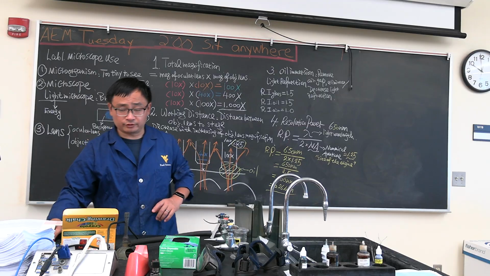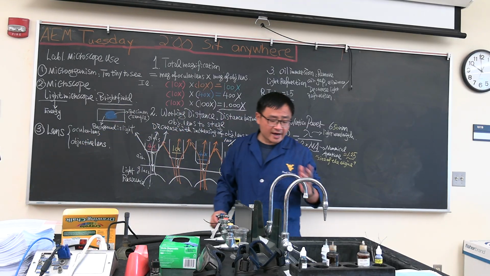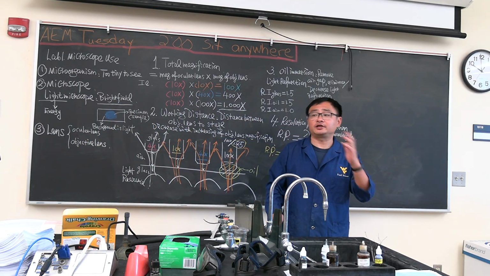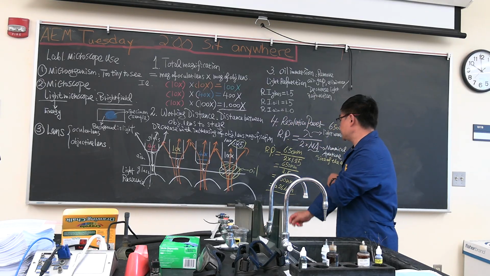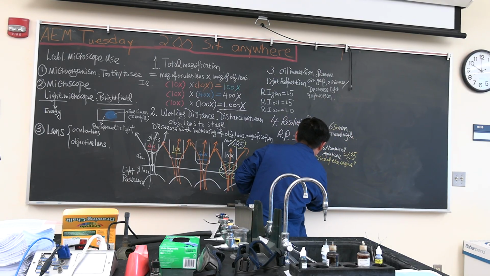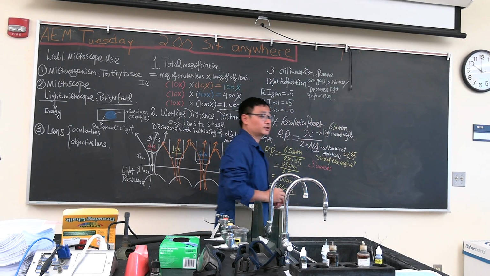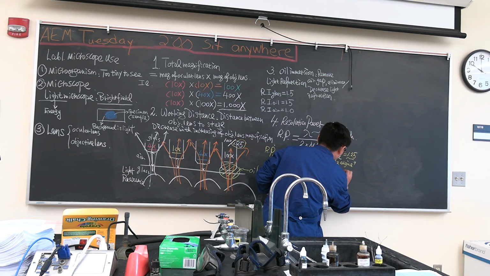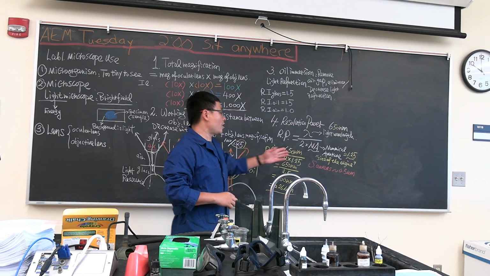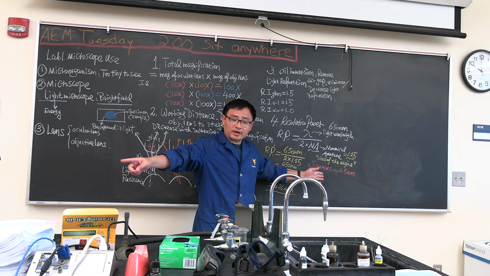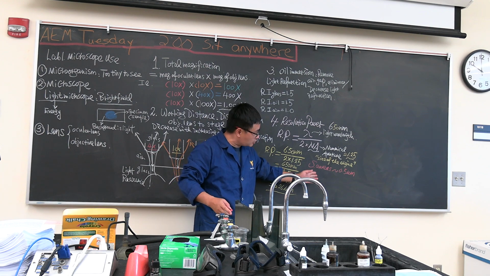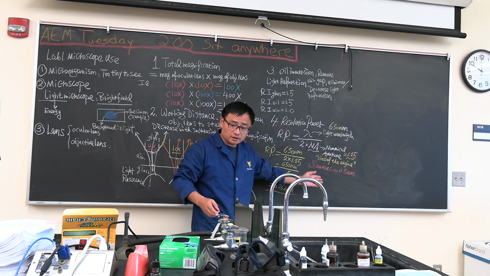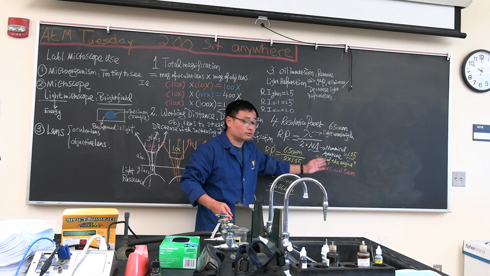So I have a question for you. What is the average size of a bacteria? Let's say Staphylococcus aureus. Roughly 0.5 micrometer. Now, why can we use a light field microscope to observe the morphology of Staphylococcus aureus?